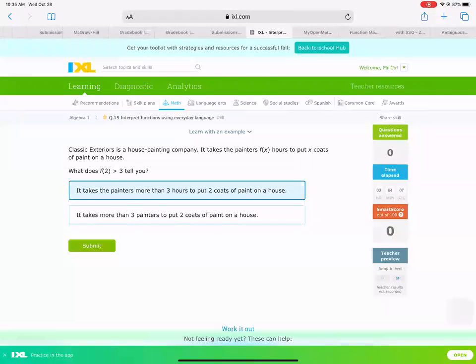In the real world, when you talk to a guy about painting your house, he looks at your house, he looks at how big it is, he says, how many coats do you want? What type of paint do you want? He thinks in his brain, how many workers do I have?